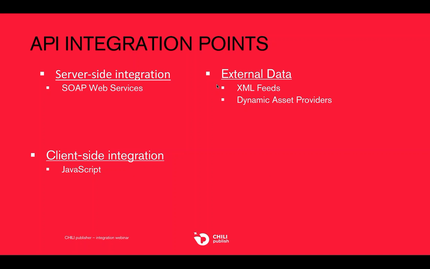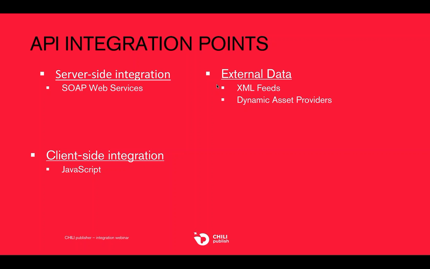External data, that's going to be via XML feeds. It's going to be populating and reorganizing and reasserting our XML from our system, driving it to our editor, and updating that information. The other aspect of external data, we actually work with dynamic asset providers, where you can feed your asset provider particular information and then call an asset back to the system.